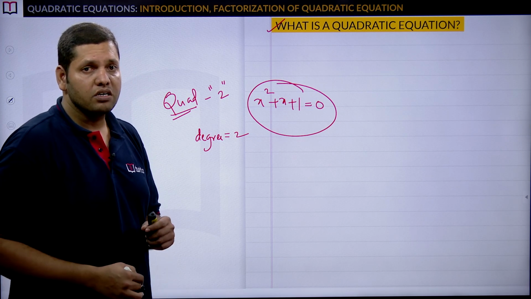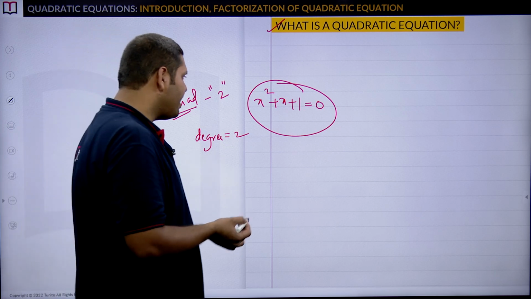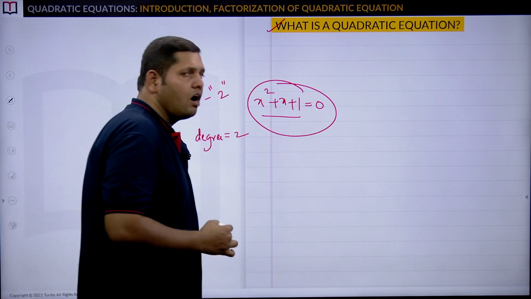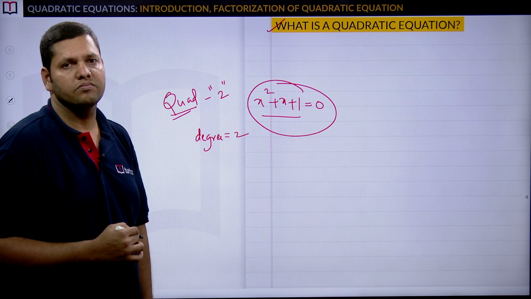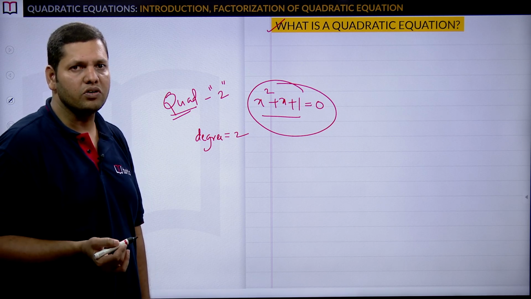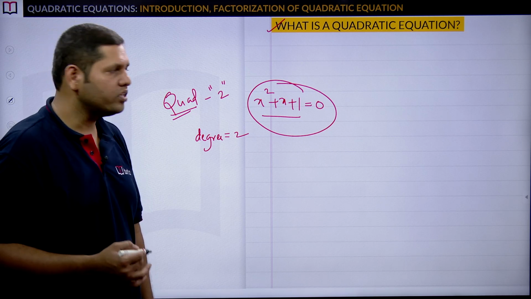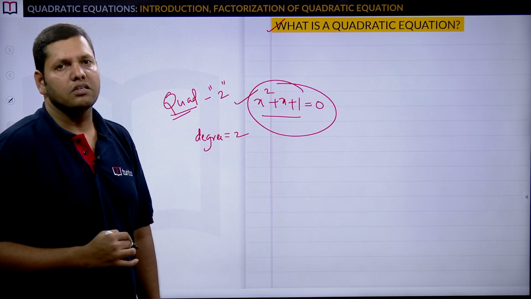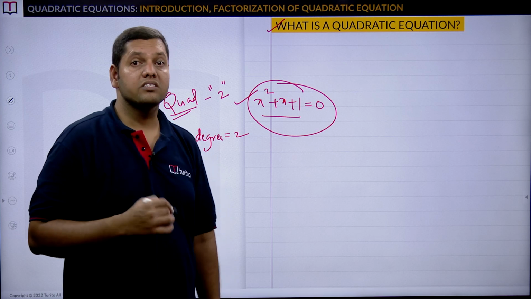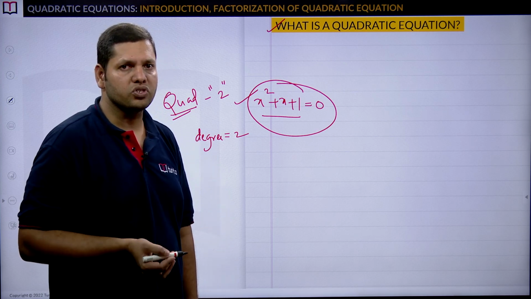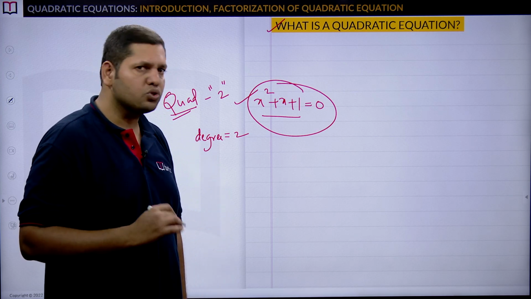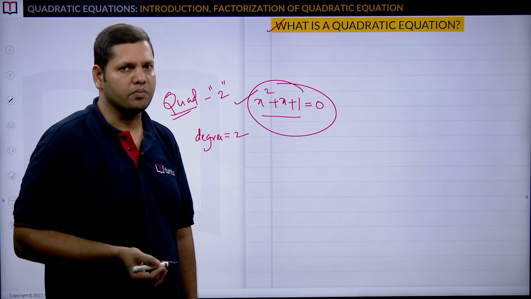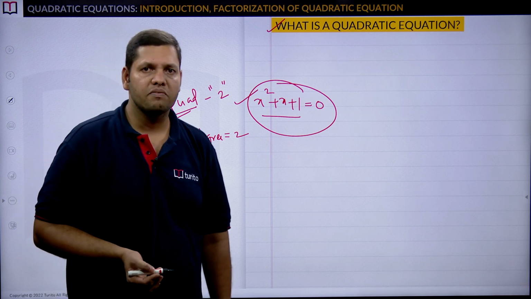Quadratic equation means the equation whose highest degree of the exponent, otherwise the highest exponent value, is nothing but 2. Then we can say it is a quadratic equation, isn't it, children? The highest exponent value of a quadratic polynomial is 2. Is it clear, children, everyone?